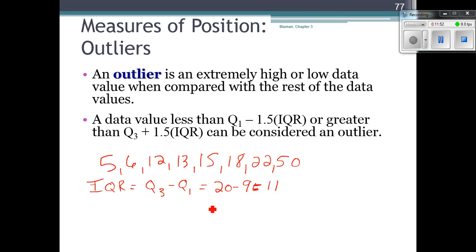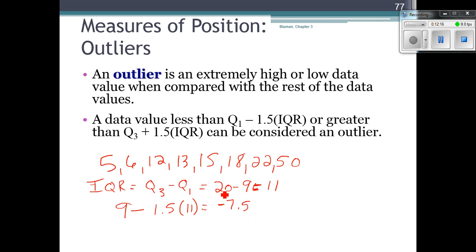Now what we're going to do is take quartile 1, which was 9, and subtract 1.5 times 11. 11 times 1.5 is 16.5. So 9 minus 16.5 is negative 7.5.